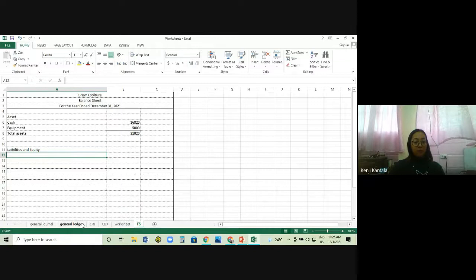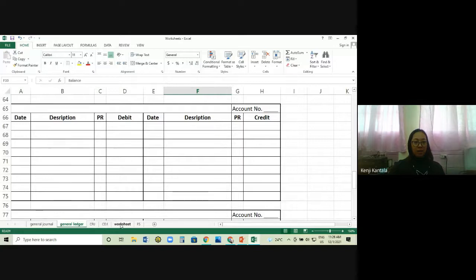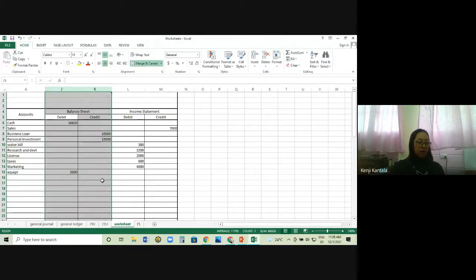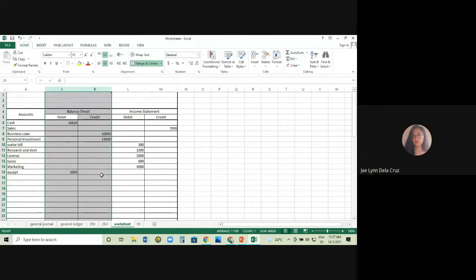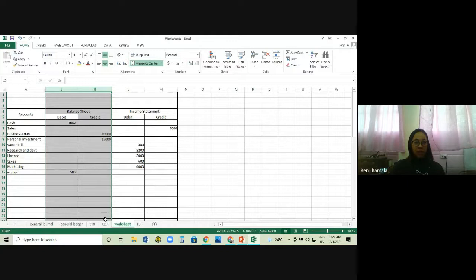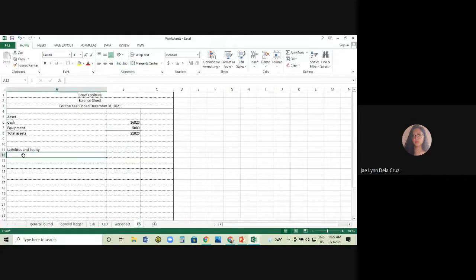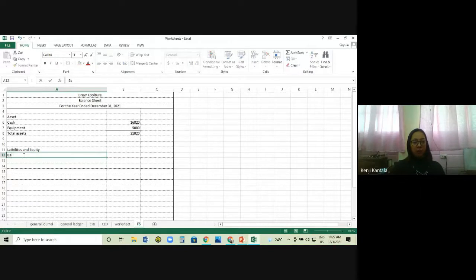So same, we summarize yung liabilities and equity natin. So we go back to our worksheet. Meron ba tayong liability dito? Sa balance sheet natin, meron ba tayong liability? Yes, ma'am. Yes. So magkano? 10,000 po, business loan.